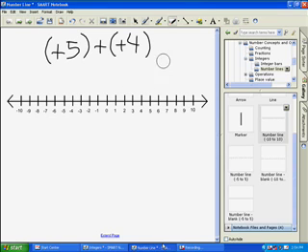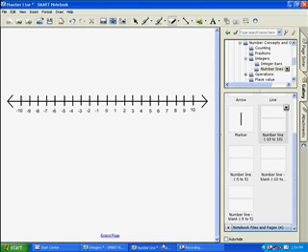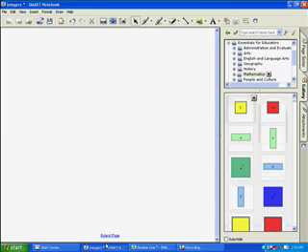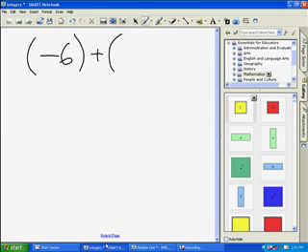Okay? So moving on, and this is really the last concept, we want to add a negative integer. So the negative integer that we're going to take a look at is negative 6 plus positive 9.